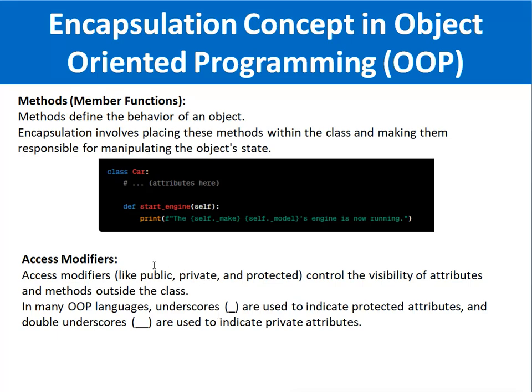So public means that any object outside the class can use the public methods or data attributes. Private means only the class itself can use the data and the methods, and protected means only the base class or the child class can use the methods, attributes and data. If anyone else tries to access the attribute or method, it will face an error.